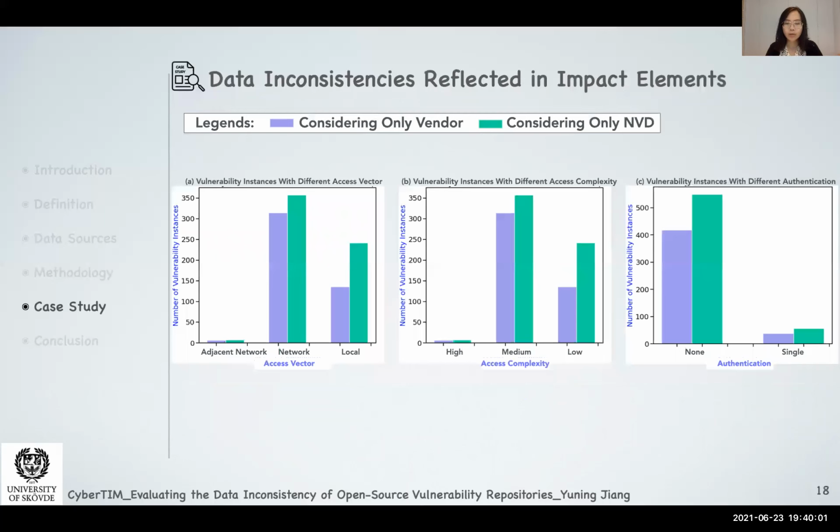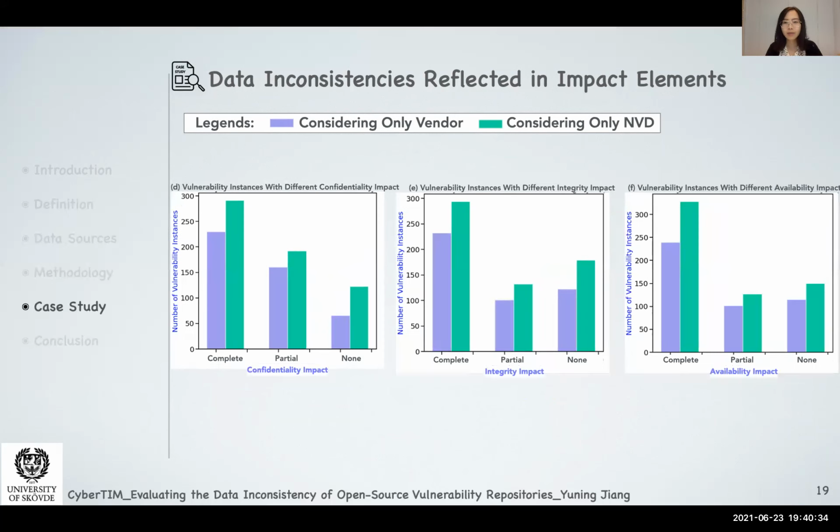We also measured the influence of inconsistent vulnerabilities on exploitability and impact levels of the whole investigated system. Only accounting for NVD entries, these vulnerability instances may lead cybersecurity analysts to pay closer attention to threats with local path-based attacks, low access complexity, and no authentication requirement.